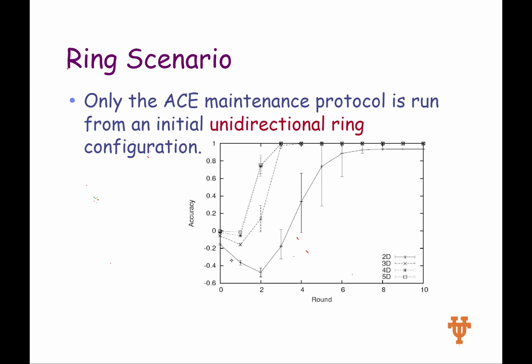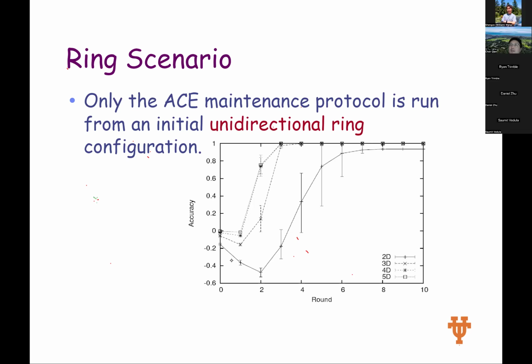The round means the message exchanging time. I think that's how many times you run the maintenance protocol. Each run is like picking a few nodes to send a neighbor set request and get the neighbor set reply.